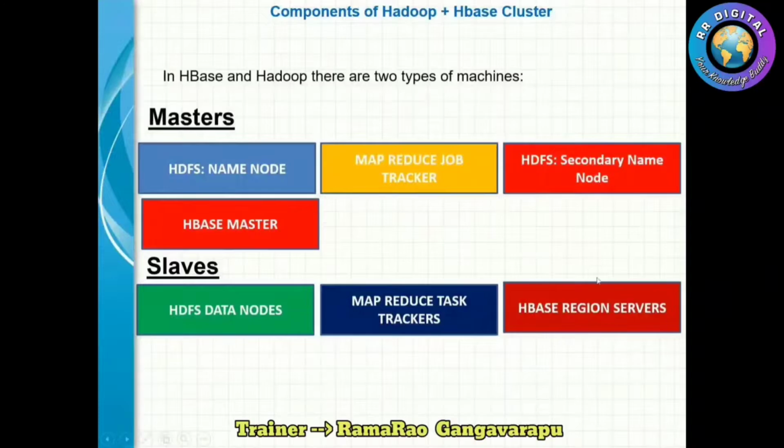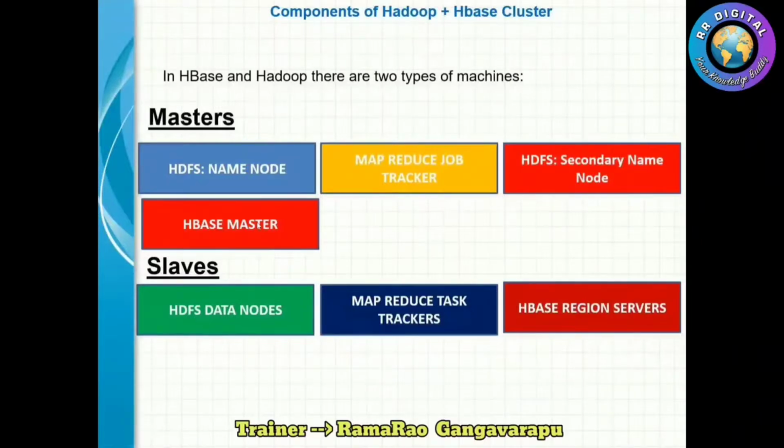So here if you see name node, map reduce job tracker and secondary name node, these are all basically HDFS master nodes. Okay, so along with these three, from HBase they added one more master node, that is the HBase master node.